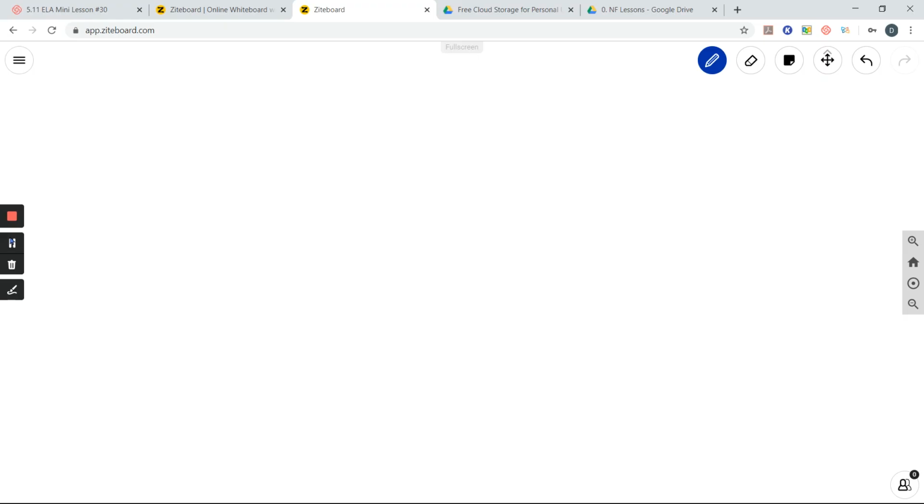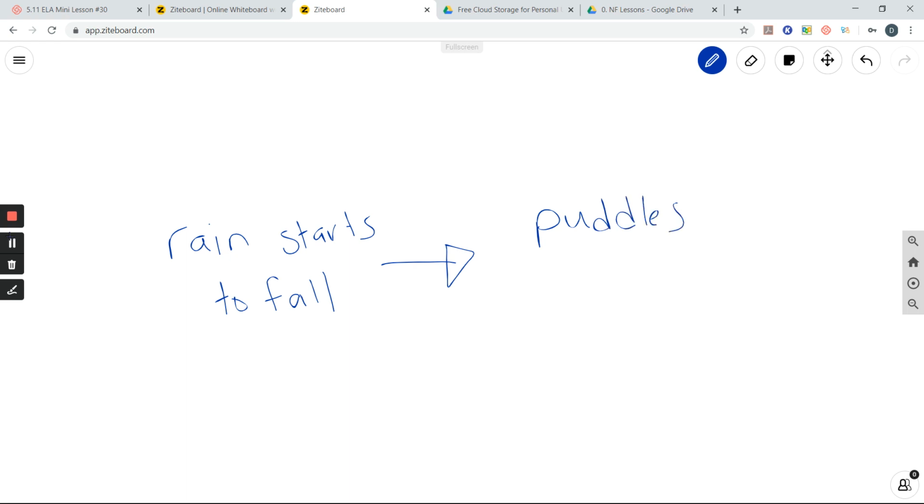You can think of many different cause and effect relationships in your day-to-day life. Think about a rainy day. Rain starts to fall. What might happen next? Puddles can form on the ground, and people might choose to stay inside.